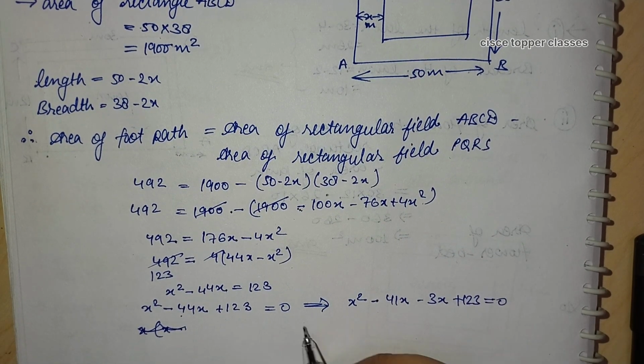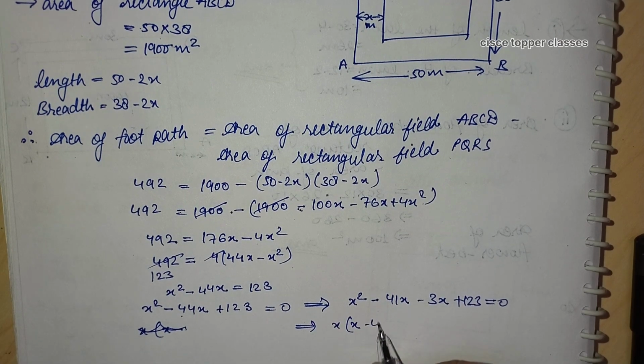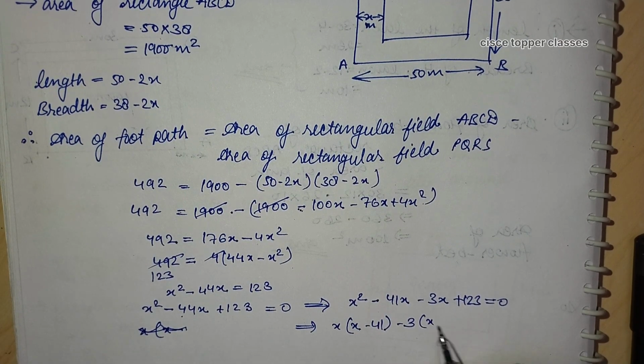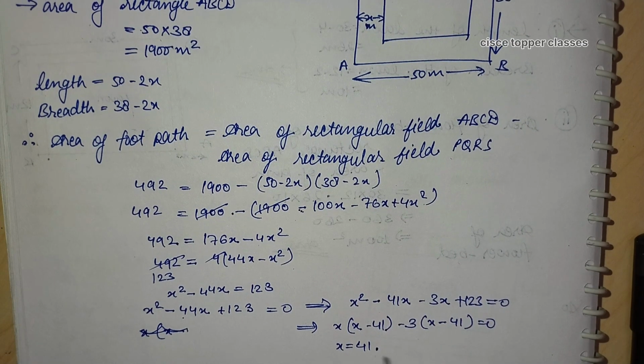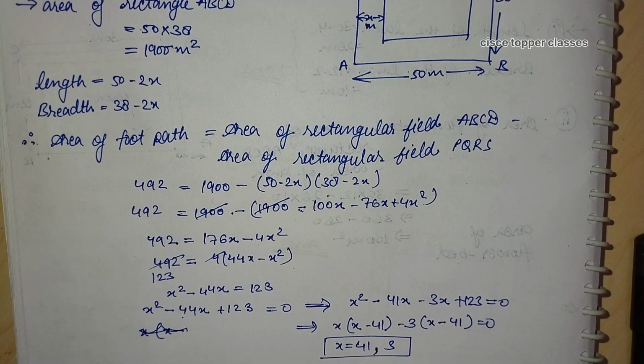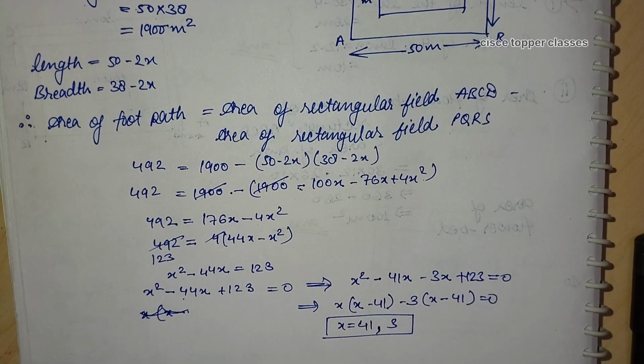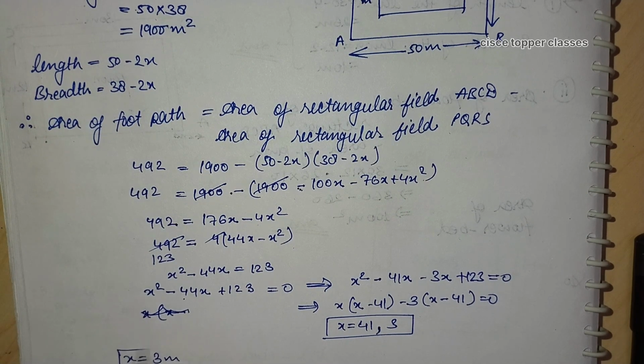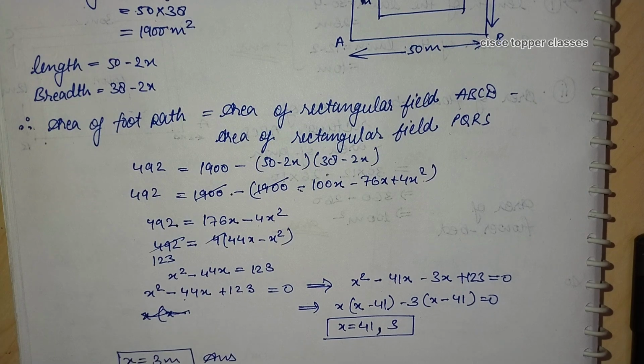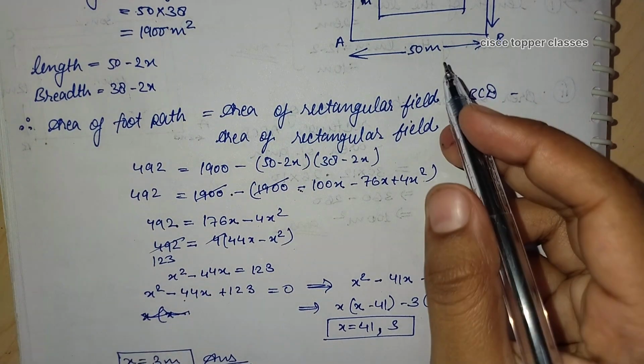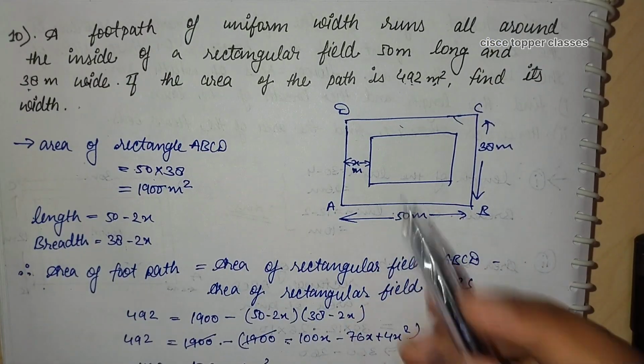So from that we can get factorization. x common, x minus 41, minus 3 common, x minus 41, means x is equal to 41 and x is equal to 3. 41 is not possible because this is not in the limit of the width. So we can write the width as 3 meter. So this is the final answer in this question. Means the width of the footpath x is 3 meter.